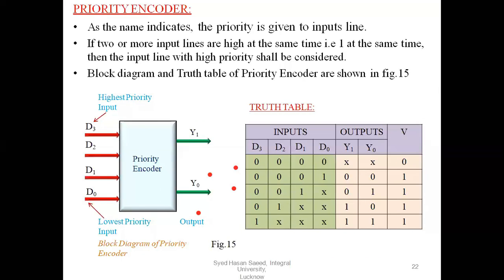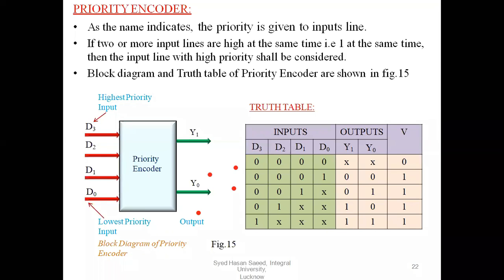It includes the priority function. So the operation of the priority encoder is nothing but, if 2 or more inputs are equal to 1 at the same time, the input having the highest priority will take the precedence.